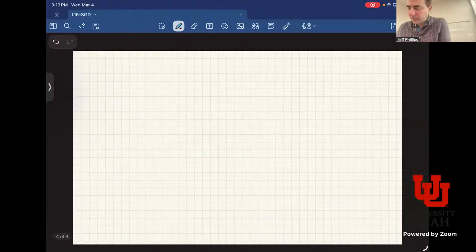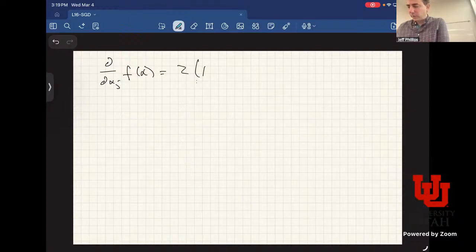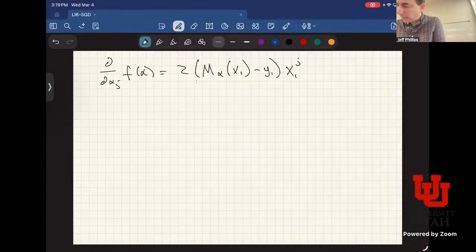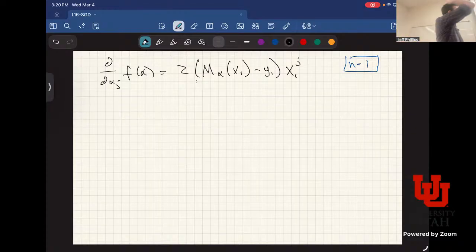And so what we're going to get is that the derivative with respect to alpha j of f of alpha is going to be equal to 2 times alpha x1 minus y1 times x1 to the power j. Okay, and again, this was for the case where n equals 1, right? So we were restricting to this case so far. Okay. So this is nice.